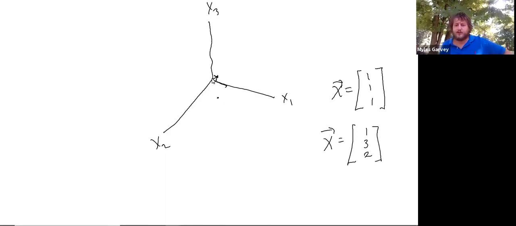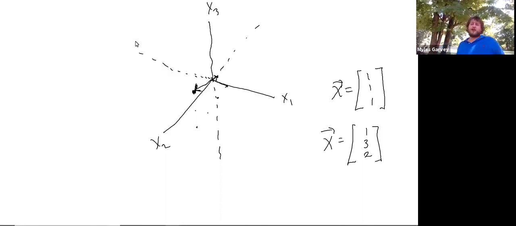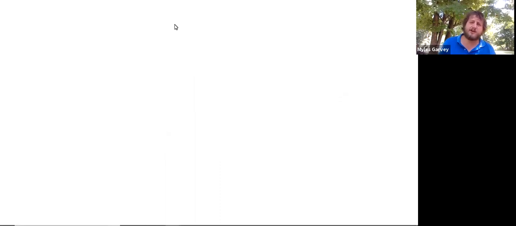Where we go 1 unit this way, 1, 2, 3 units this way, and 1, 2 units this way. So we have that vector looking like this. Okay, so that's our 3-dimensional space there, and that's basically what vectors look like in 3-dimensional space. Now, 4, 5, 6, 7 dimensions and so on, that's a little more challenging to visualize in our head, but still, hopefully you can get the point just from 2 or 3 dimensions.